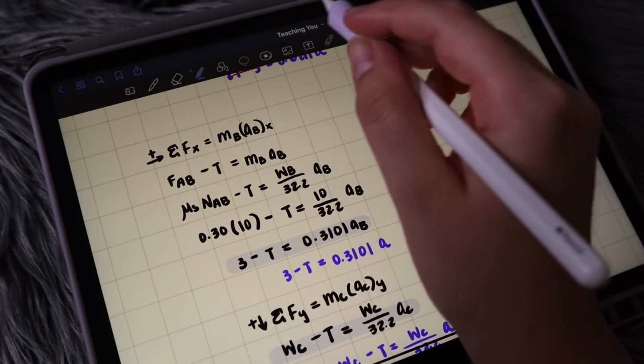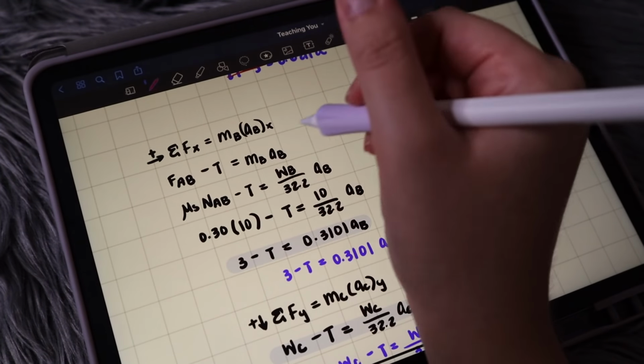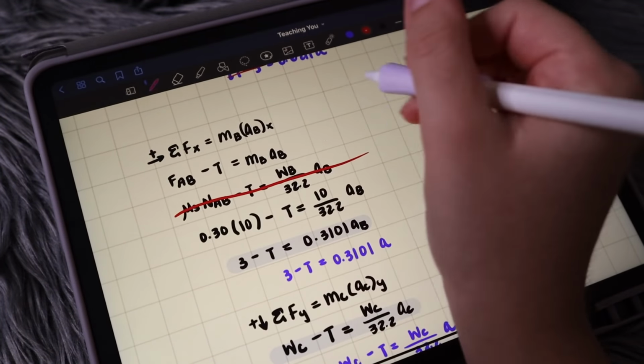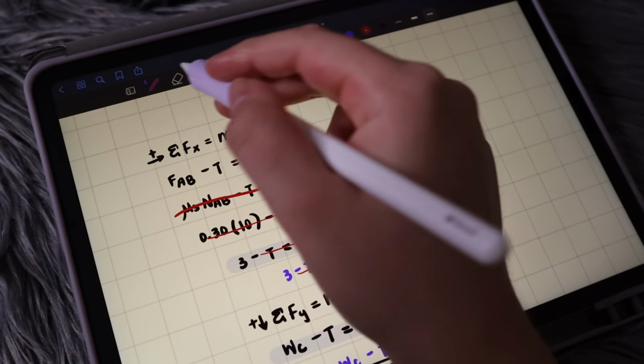And let's also go ahead and change it over here because we did have the mu s right there. So let's switch these up.